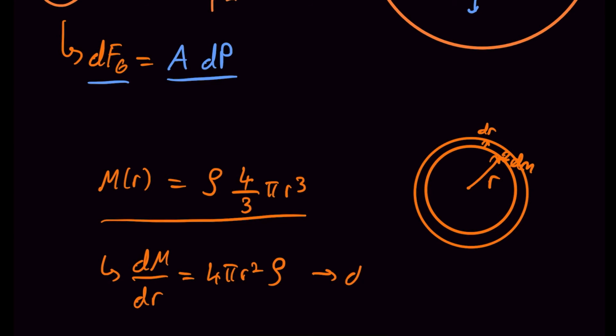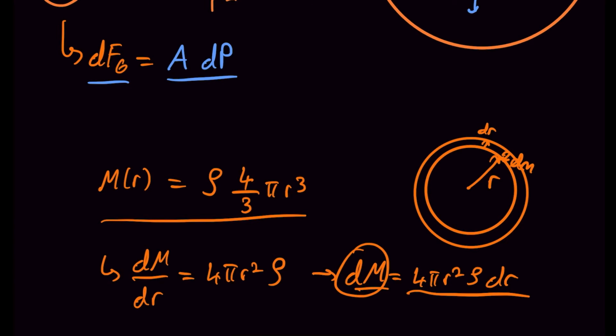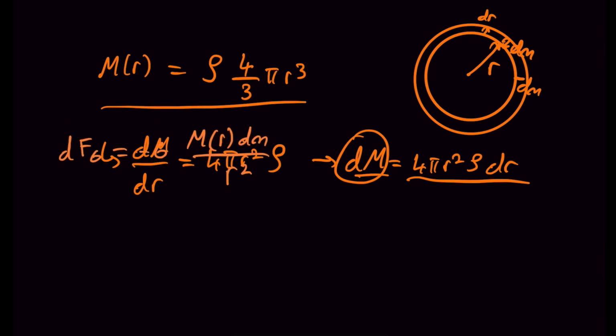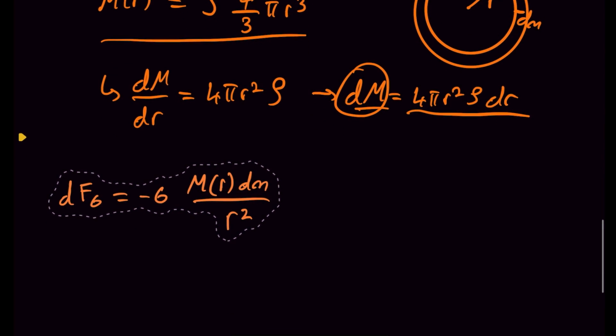And then if we throw this to the other side and take a differential, dm equals 4 pi r squared rho dr. So this would be the mass of this tiny little shell of tiny thickness that we have added here. That is what we had up here, the dm. Let me go ahead and copy that down here.